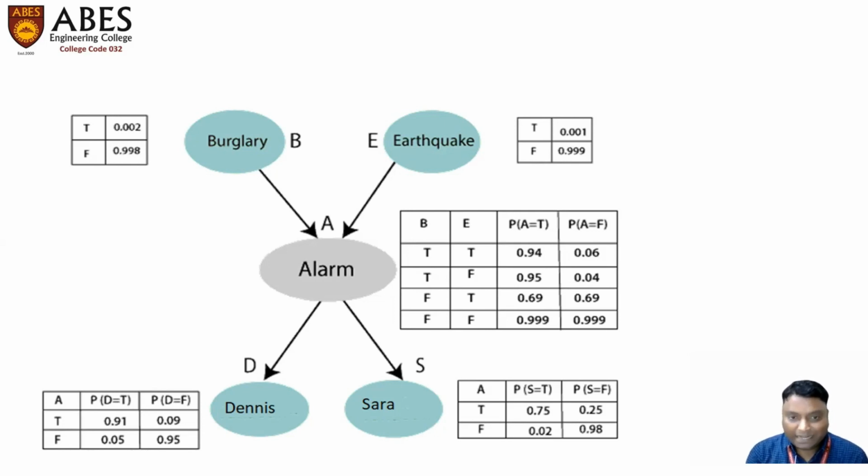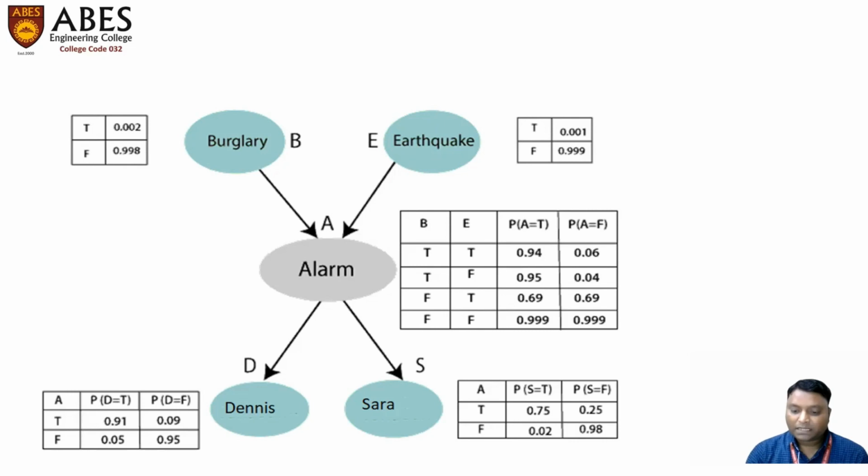But Dennis and Sarah's calls depend on the alarm probability. Okay. Second thing, the network represents that our assumptions do not directly perceive the burglary and also do not notice the minor earthquake, and they also do not confer before calling.